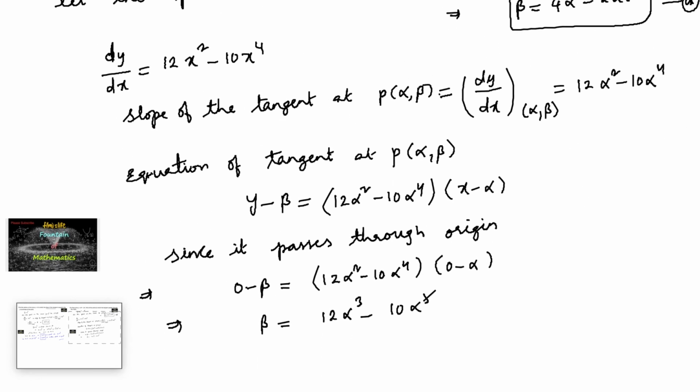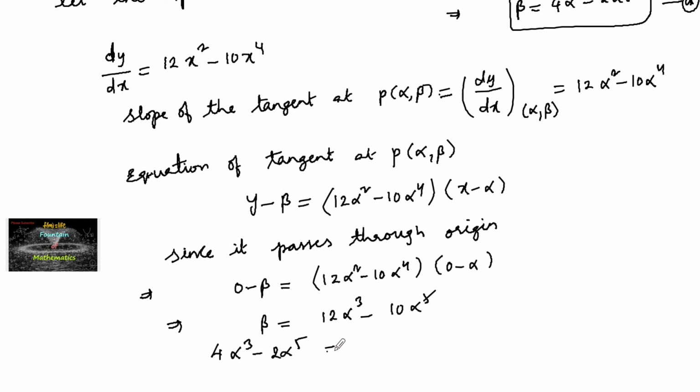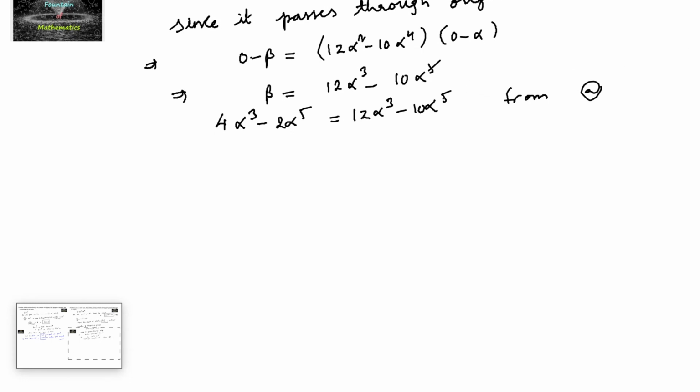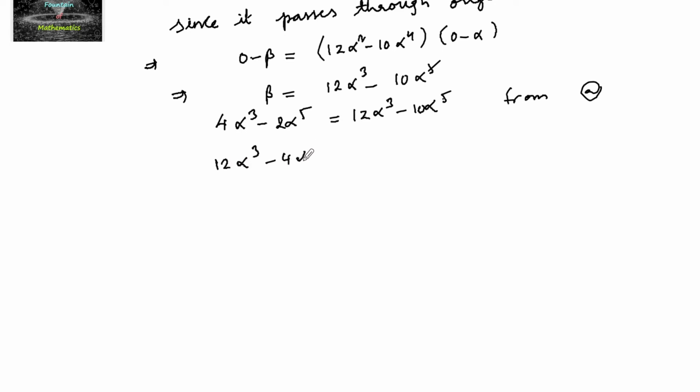Let us substitute that here. 4 alpha^3 minus 2 alpha^5 is equal to 12 alpha^3 minus 10 alpha^5. So we can take the terms to one side: 12 alpha^3 minus 4 alpha^3 minus 10 alpha^5 plus 2 alpha^5 is equal to 0.